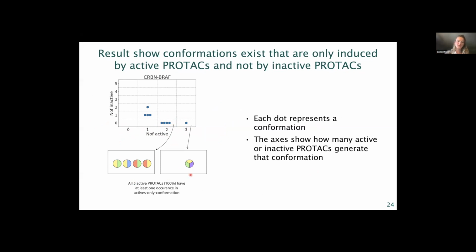And as you can also see here, the colors represent a certain PROTAC, and some PROTACs are able to induce many of these conformations. Sometimes a PROTAC can only induce one of them.